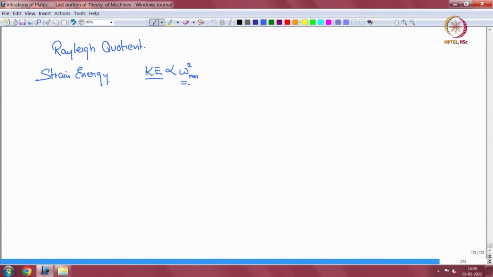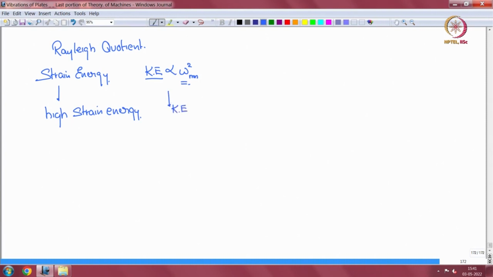Okay. Now, you can see that a higher order mode will have higher strain energy, and hence correspondingly higher kinetic energy.